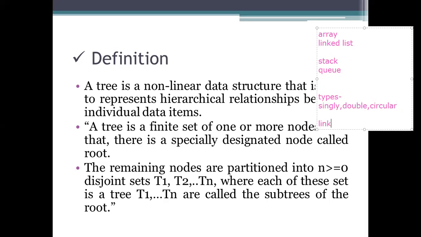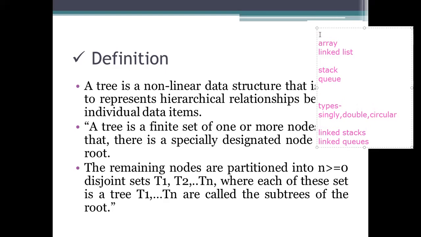We have covered linked stacks as well as linked queues, which have been implemented using the linked list. All these things, apart from any polynomial, are specified as linear data structures.